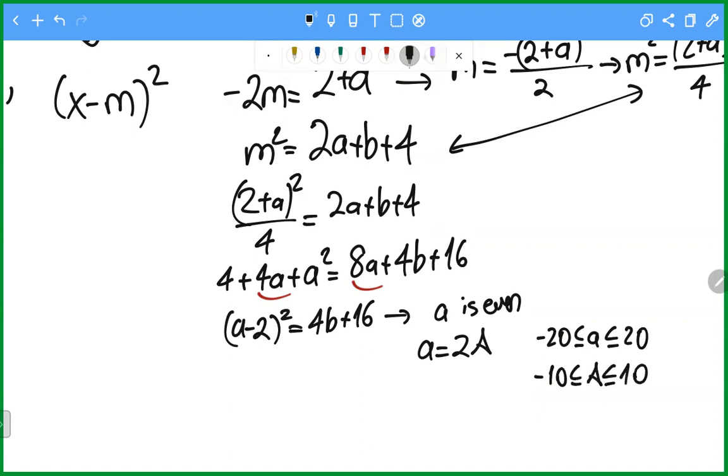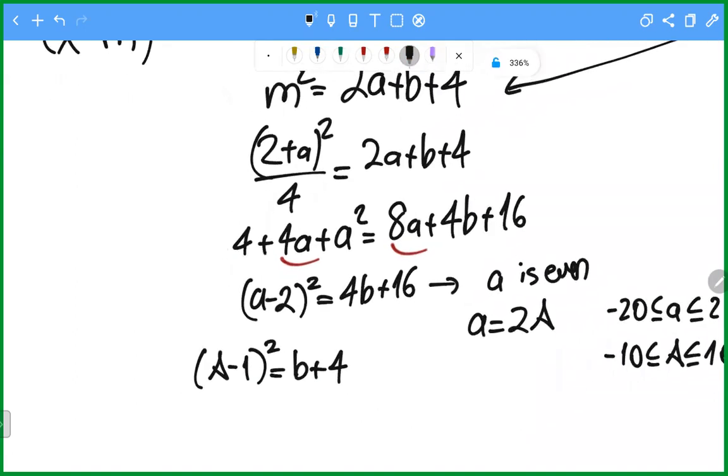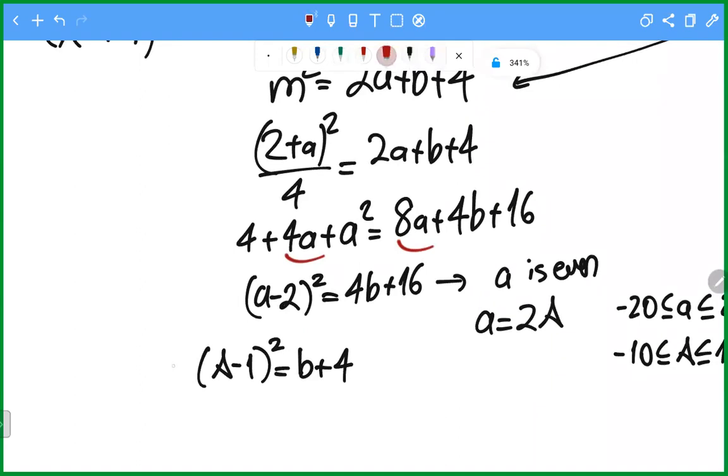Okay, and it's the first thing. The second thing is, if I substitute 2A back into the equation and divide by 4, I obtain (A minus 1) quantity squared equals B plus 4. Okay, and now (A minus 1) squared is always greater than or equal to 0, and B is at most 20.